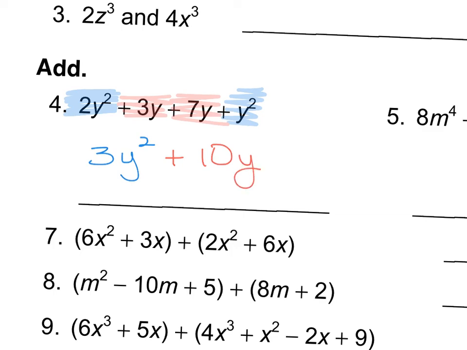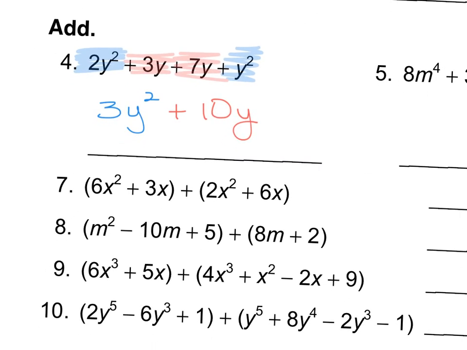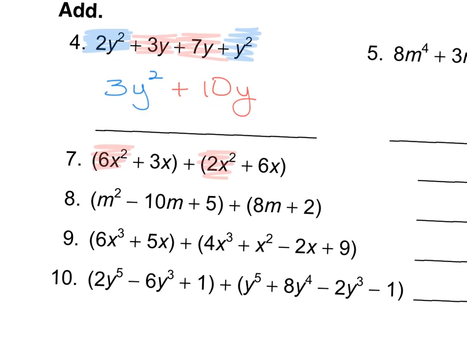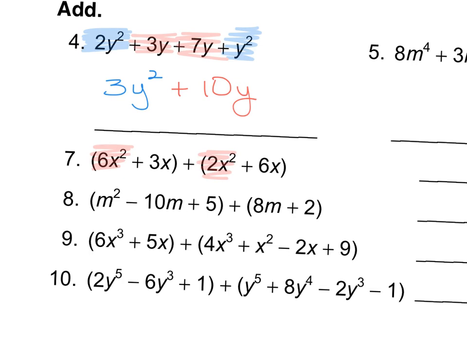So you'll get questions just like that. Then you're going to get questions with parentheses. So I'm going to go back and I'm going to grab my x squareds. I'm going to group those. So I only add coefficients here. 6 plus 2 is 8. And then I'll go back and I will get my x's. And 3 plus 6 is 9.